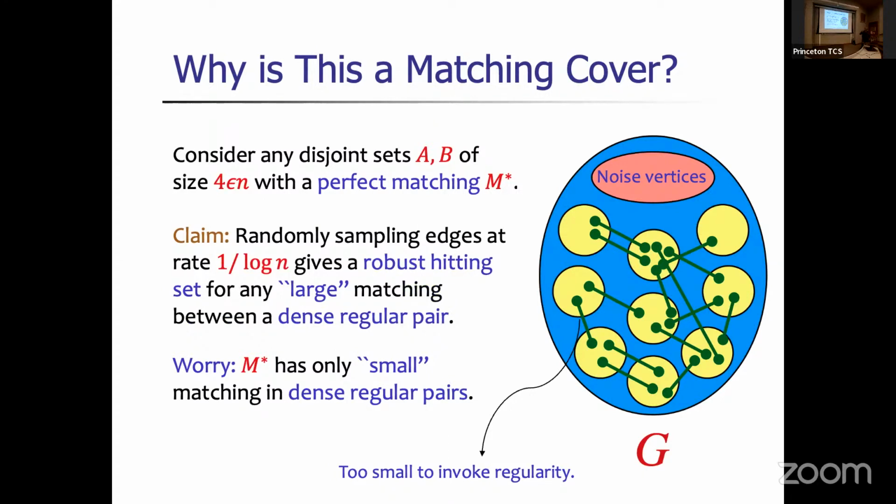This cannot happen because I'm choosing 4 epsilon n. So you can actually do some pre-processing, get rid of all the ones which are using less than epsilon fraction of the Ci vertices. If you do that, you will still be left with 2 epsilon n, which will only be between dense regular pairs and appearing with large enough size that I can invoke this on.